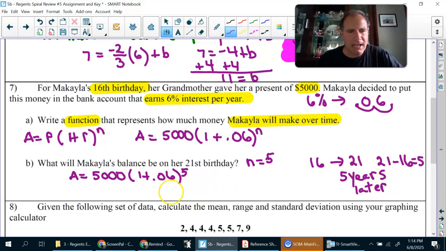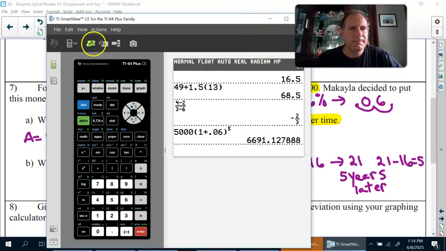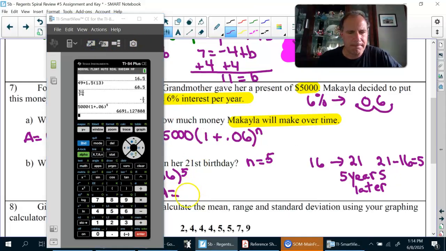And we're going to round A to the nearest hundredth without them telling us, because this is money. So it's 6,691.13.